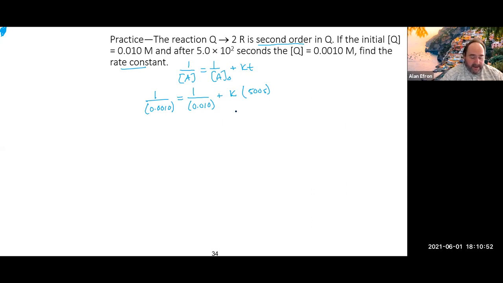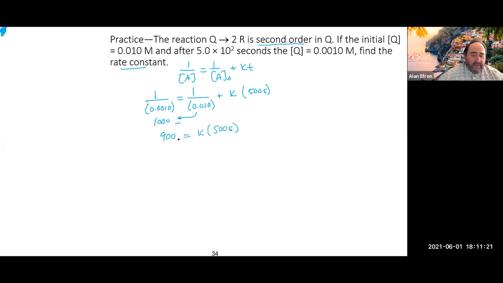So mathematically here, we take 1 divided by 0.0010, which is 1,000. And then we're going to subtract that guy to the other side. So I'm going to subtract 1 divided by 0.01, and that's going to give me 900. And that will equal k times 500 seconds.